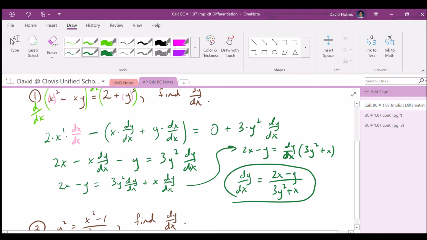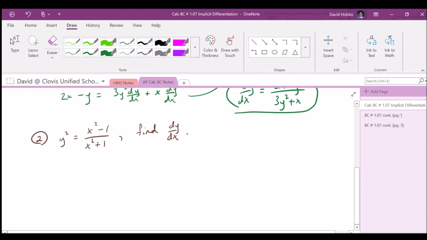Okay, so that's the first time we've ever done that. And by the way, when we do implicit differentiation, usually it will have a mixture of the variables involved, rather than when we have it in the y equals f of x form, where typically there are just x's, or whatever the variable is. Okay, let's go ahead and try number 2.